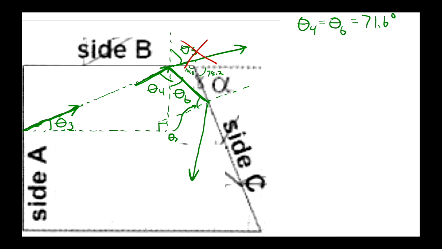Whew, and now what? We can find this one, which is 90 minus 71.6, right? So that's going to be 18.4.